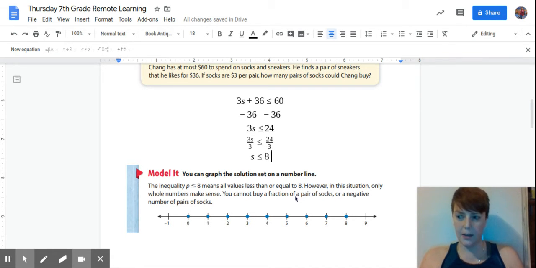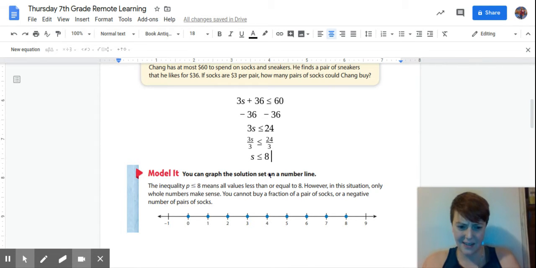And every class I have someone say, yeah, you totally could. Or yeah, you can buy a single sock. And it's like, okay, yeah, but no. That's not how things are done. And so realistically, tempering your math with common sense, with social convention, that is what we have to do, because just knowing any number less than 8, like negative 1 million, he could buy negative 1 million pairs of socks.